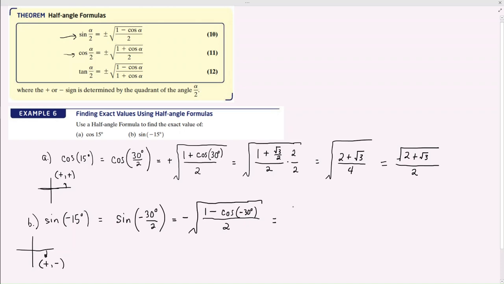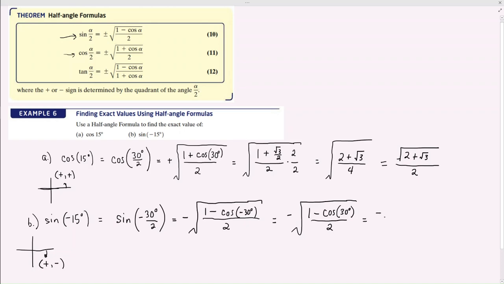So we're going to go ahead and write this then as the negative square root of 1 minus the cosine of 30 degrees over 2, or just look at the angle that coincides with negative 30 degrees, which would be 330 degrees, and its cosine is the square root of 3 over 2, and the cosine of 30 degrees is also the square root of 3 over 2.